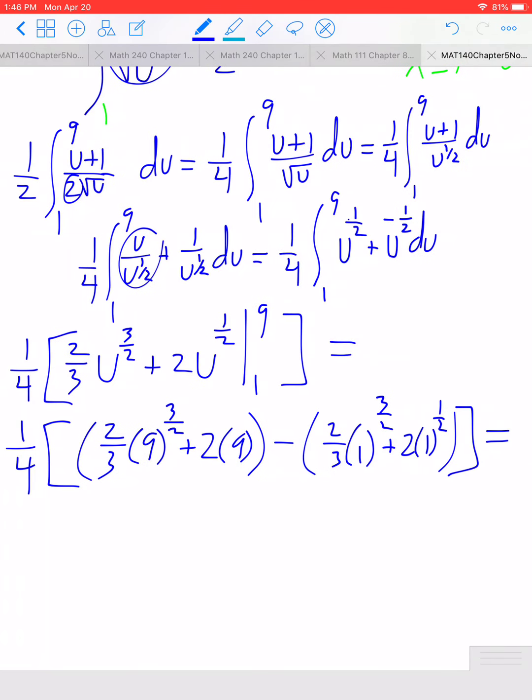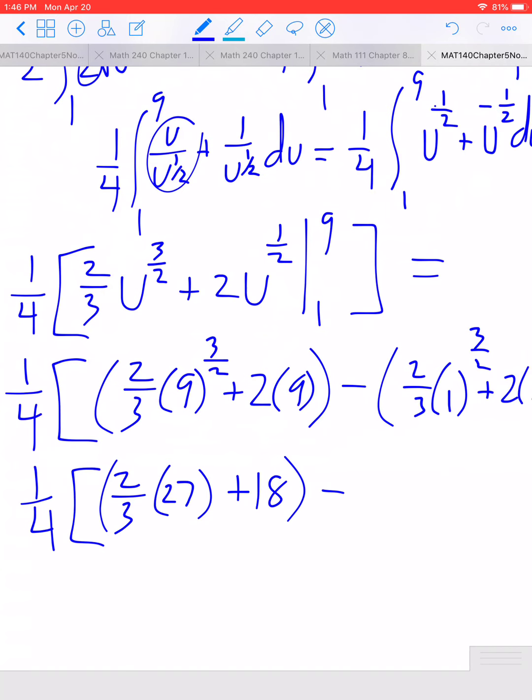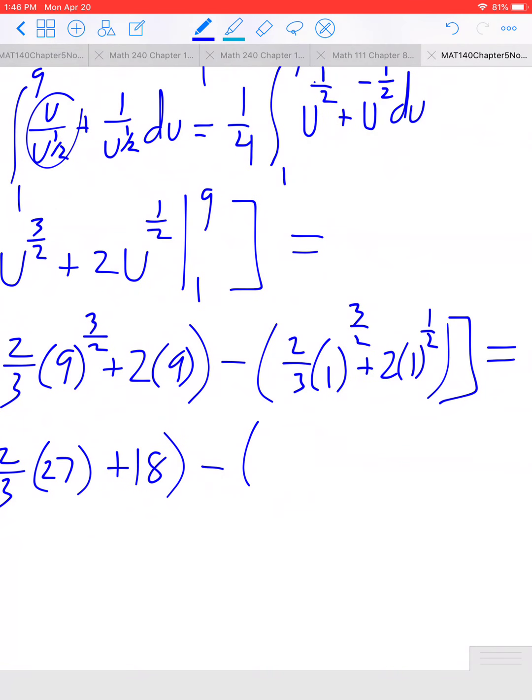And then from here we just have to calculate. This is going to be 1/4 times 2/3 times 9 to the 3/2, which is the same thing as the square root of 9 cubed. Square root of 9 is 3. 3 cubed is 27, plus 18, minus over here 1 to the 3/2 power is 1. This is 2/3. 1 to the 1/2 power is 1. 1 times 2 is 2.